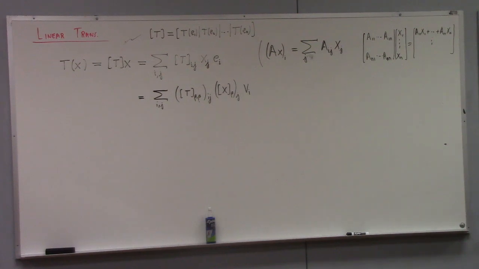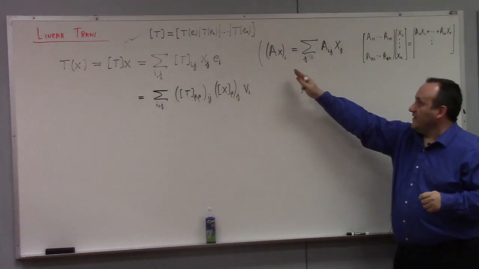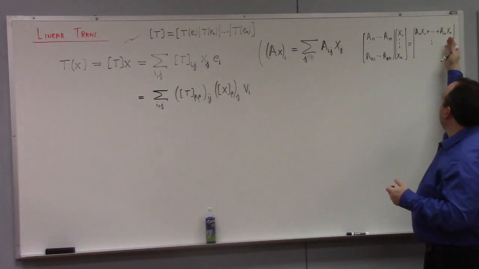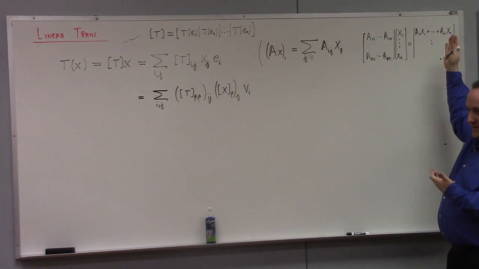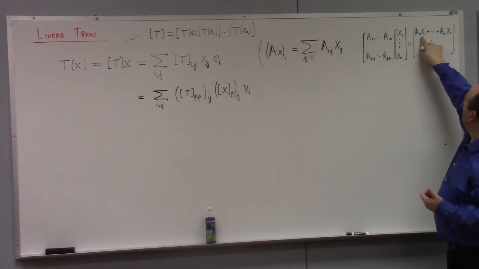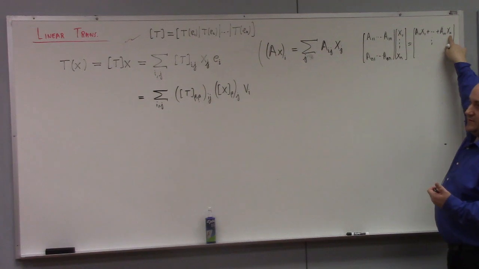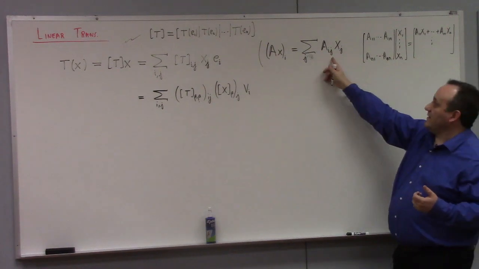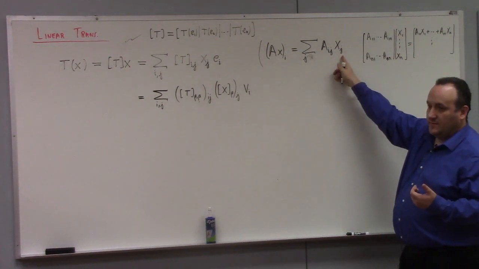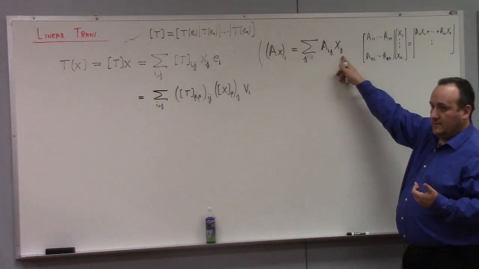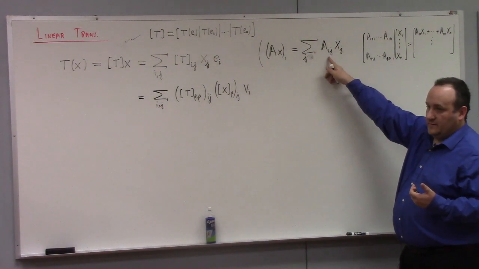Why did you switch the i and j again? Because that's how they work. Here's the formula for AX, as I verified with our explicit matrix multiplication. It's the column index of the matrix which is summed against the component of the vector it's multiplying, and that gives you the ith component.